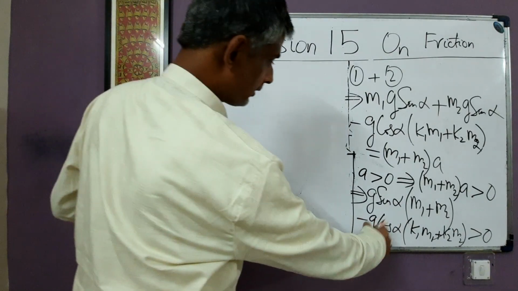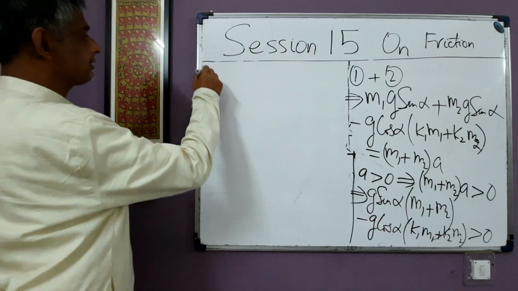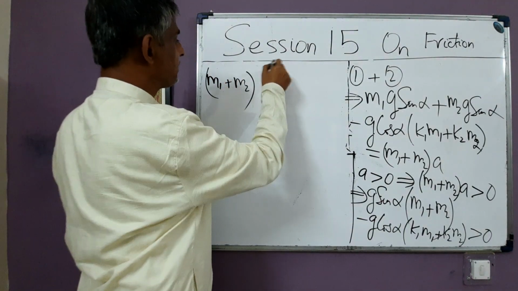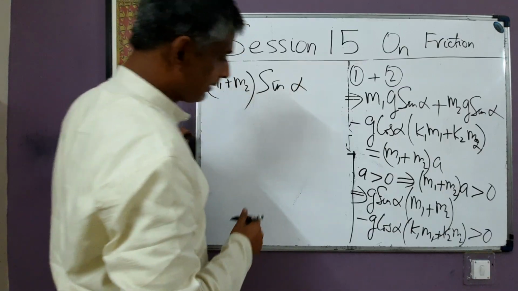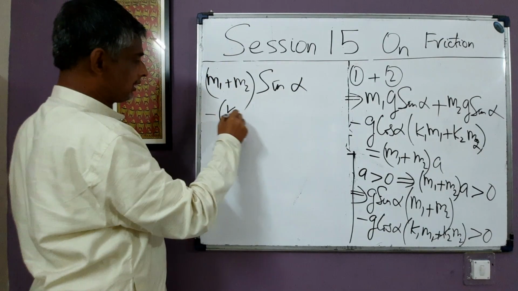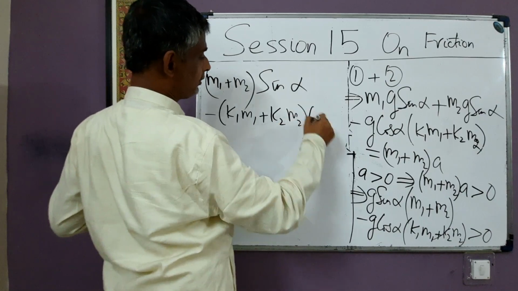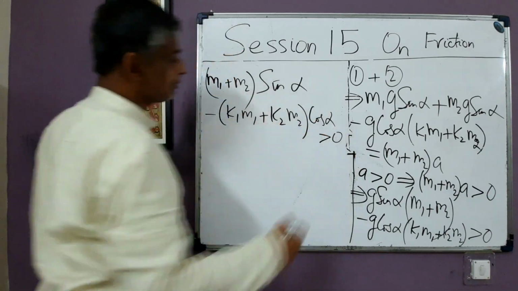Now g cancels out, so we get (m1 plus m2) sin alpha minus (k1 m1 plus k2 m2) cos alpha is more than 0.